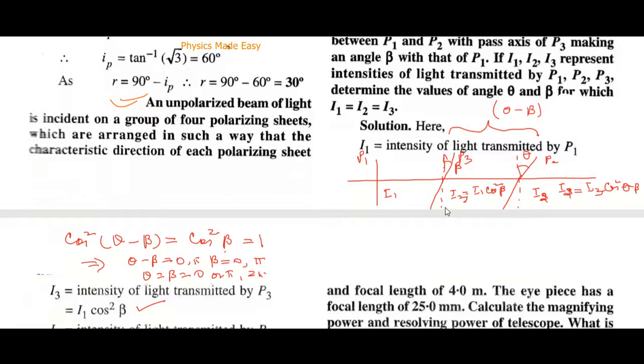Second is notation. You will write I2 in place of I3 because we are in a habit of writing P1, P2 and P3. Here P3 is placed between P1 and P2, and that disturbs the order. This will lead to a silly mistake.